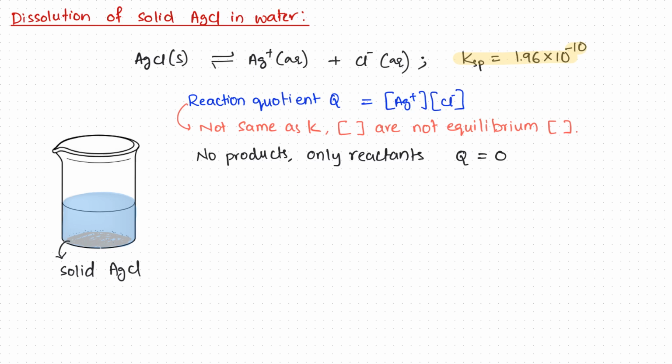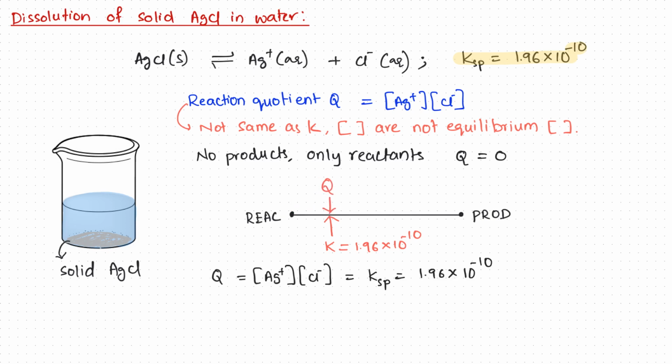In the same chemical equilibrium chapter, we also learned that if Q is less than K, the reaction proceeds to the right until the Q value becomes equal to the K value. That is, the product of concentrations of Ag plus times Cl minus is equal to Ksp, which is equal to 1.96 times 10 to the negative 10.